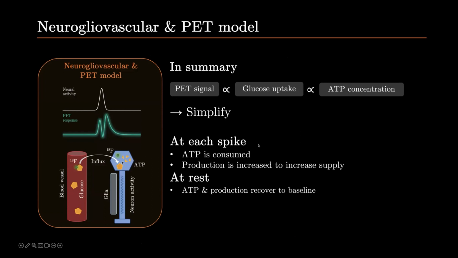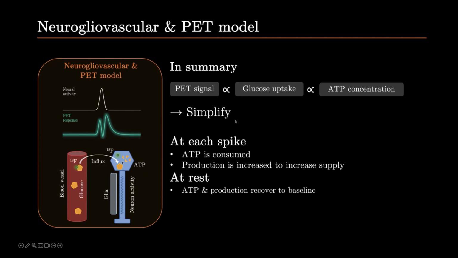At each spike, ATP is consumed, while at the same time each spike also causes some sort of hunger signal or production signal to make sure that there's always enough supply of ATP. And at rest, the ATP and the production signal should recover to baseline. This is, of course, a very simplified version of what happens in reality, but maybe it's enough.